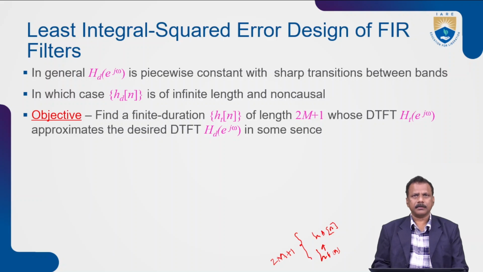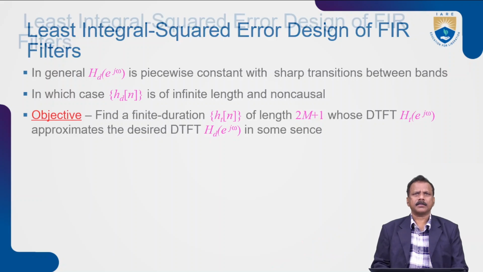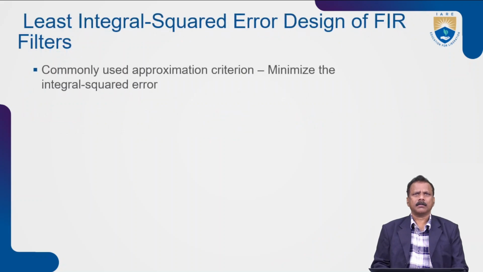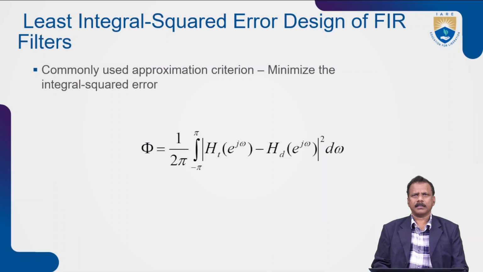This is the objective. Based on this objective, a commonly used approximation criterion is to minimize the integral square error, which is 1 by 2 pi integral minus pi to plus pi of mod S_T of e power j omega minus S_D of e power j omega squared d omega.